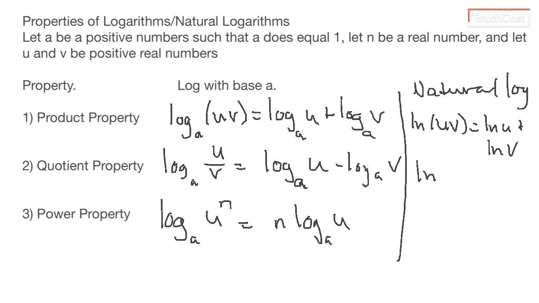The natural log of u divided by v is the natural log of u minus the natural log of v. And the natural log of u to the power of n is n times the natural log of u. Not too bad. Let's look at an example.